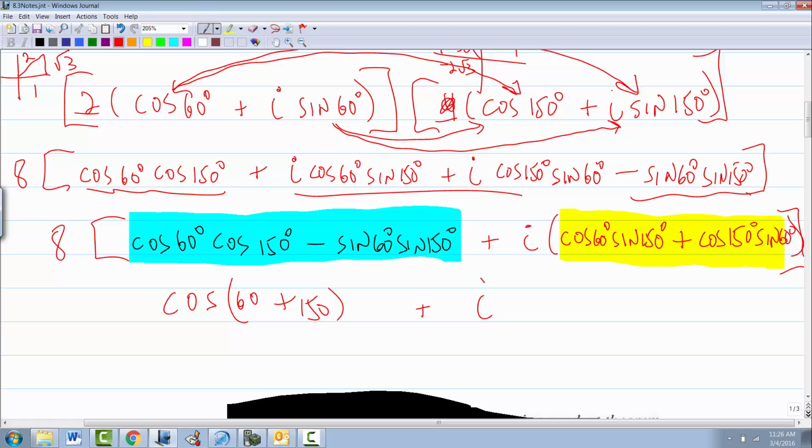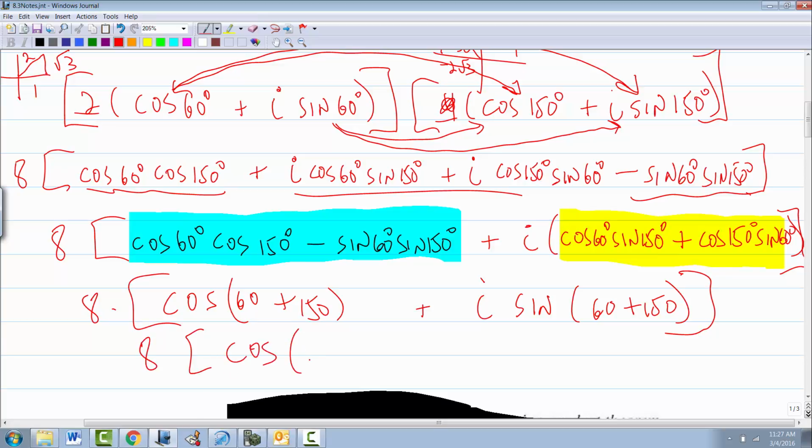That's the sine rule for 60 plus 150, isn't it? And then r is out here. So this is the same as 8 times the cosine of 210 plus i sine 210.